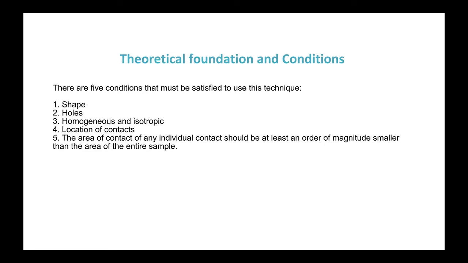The sample must have a flat shape of uniform thickness. Number 2. The sample must not have any isolated holes. Number 3. The sample must be homogeneous and isotropic. Number 4. All 4 contacts must be located at the edge of the sample. And number 5. The area of any individual contact should be at least an order of magnitude smaller than the area of the entire sample.